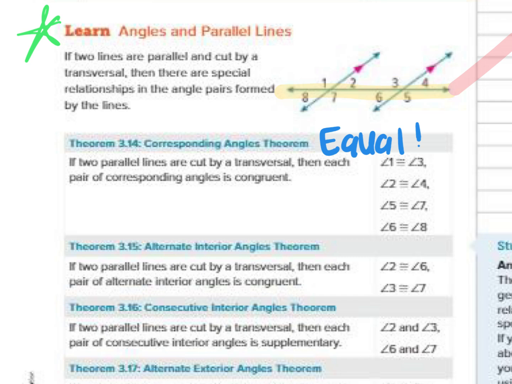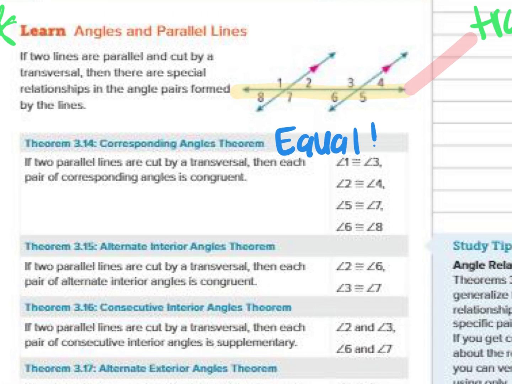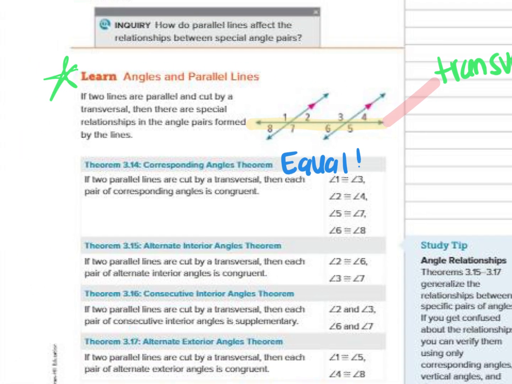Let's look at our next type of angle. We have alternate interior angles. And again, they've given us some examples here. The first example they gave was angle 2 and angle 6. So alternate interior, and another type we'll talk about later, alternate exterior. The name says it all. It tells you exactly where they're found.